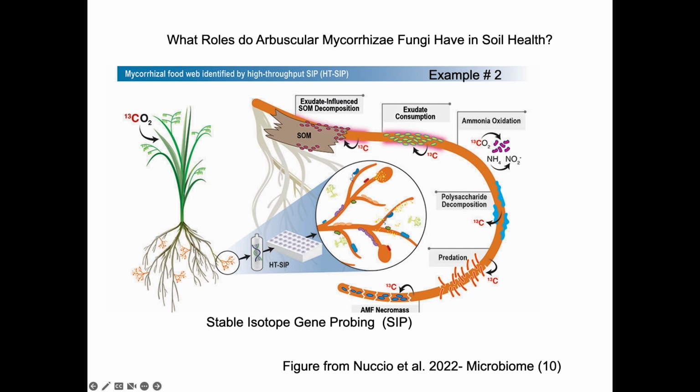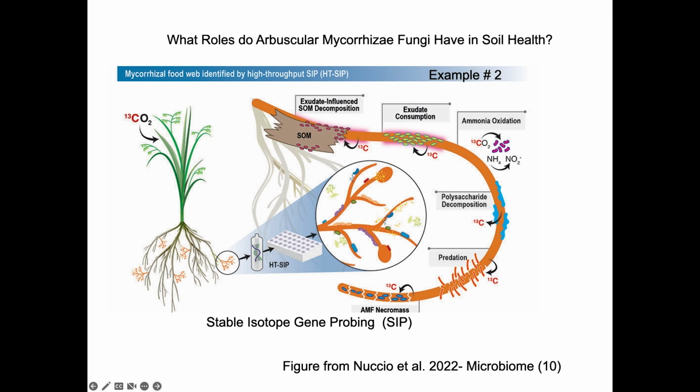Now, I want to show just a recent piece. This is something that just came out a month ago out of Oak Ridge National Labs. This was doing some really high-end work. They were using C13 labeled CO2, putting it into a plant and seeing where it went. And so one of the things they discovered through its mycorrhizae and roots is that we're talking about soil organic matter.